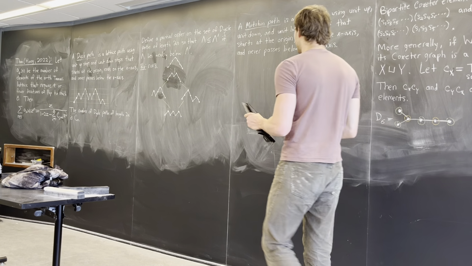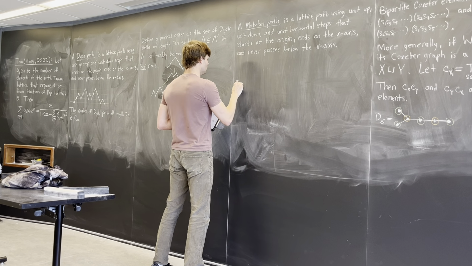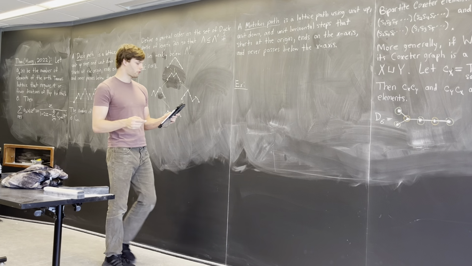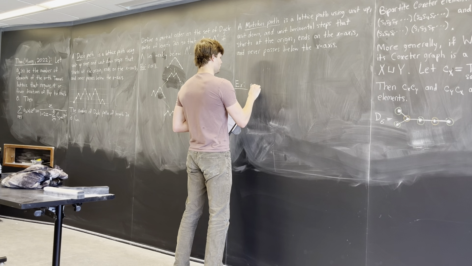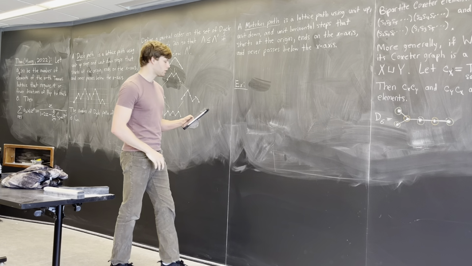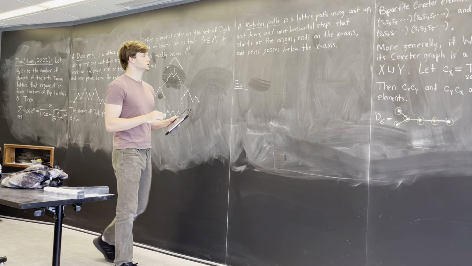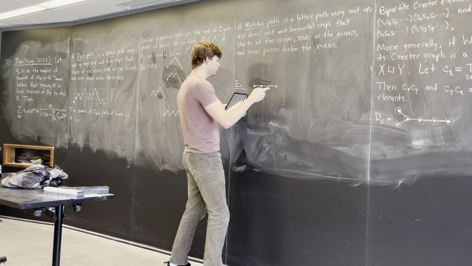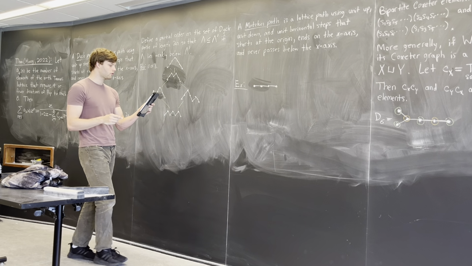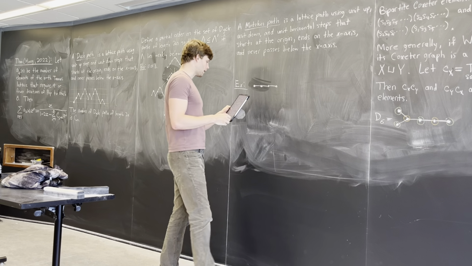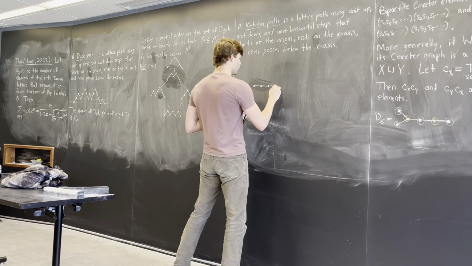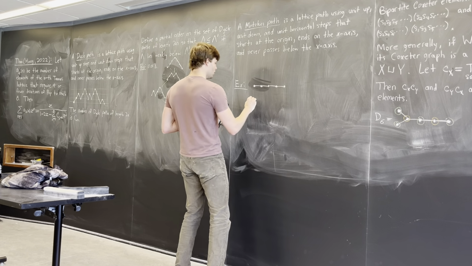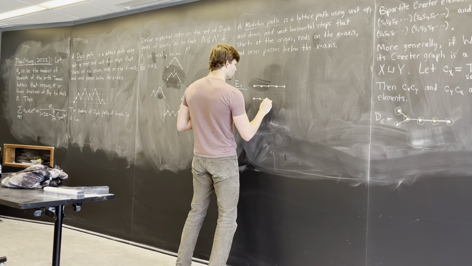So I'll draw examples of these. I'll just draw the Motzkin paths of length 4. So there's horizontal, horizontal, horizontal. Oh wait, no, I want 4 actually, sorry. 4 horizontal steps. Or I could do horizontal, horizontal, up, down.